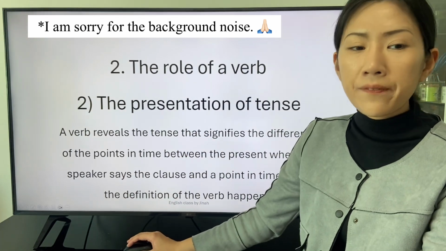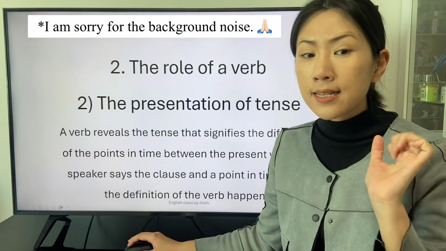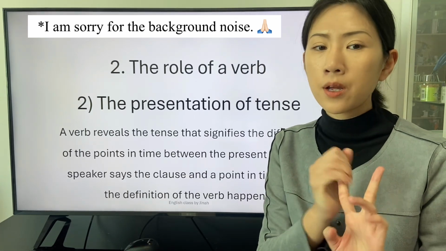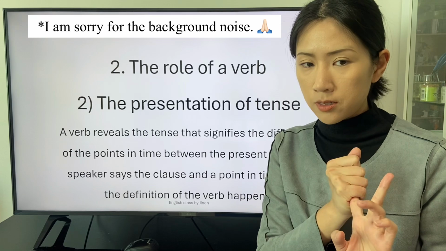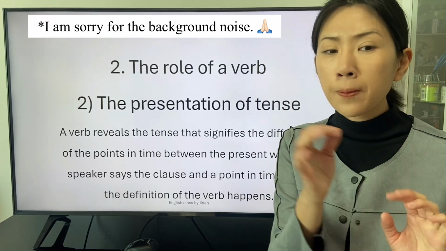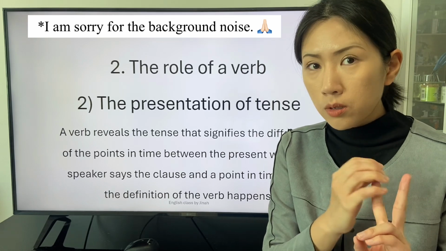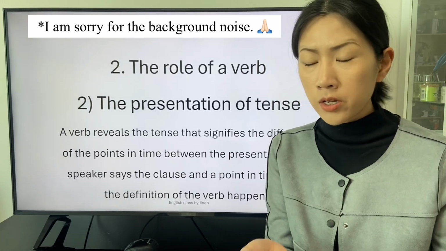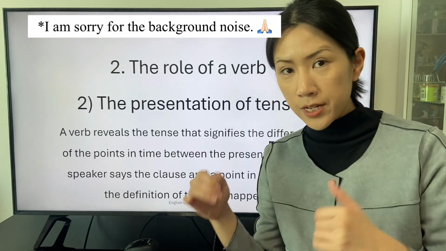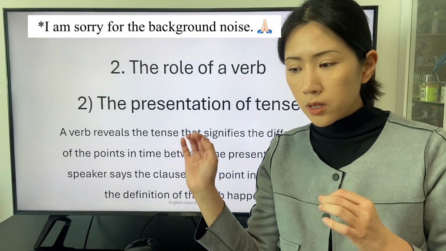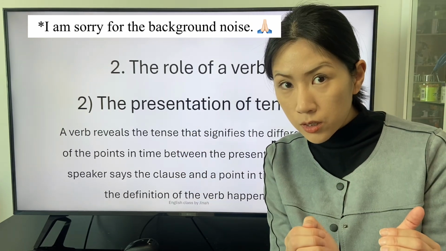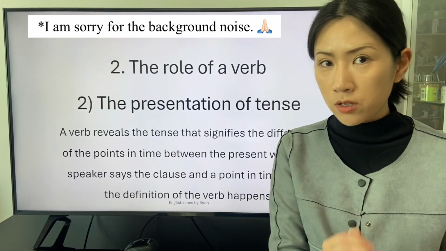A verb reveals the tense that signifies the difference of the point in time between the present when the speaker says the clause and a point in time when the definition of the verb happens. So the present is important because the speaker and the listeners communicate in a conversation of the present. That's the reason why the present is the standard to judge the tense of the clause.